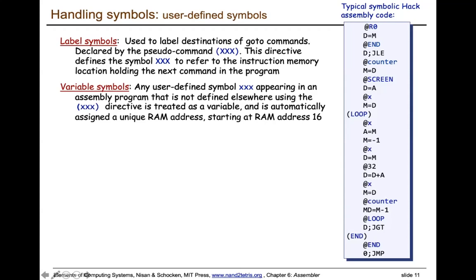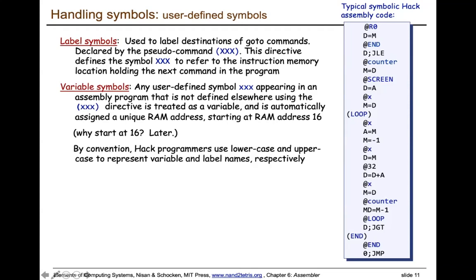This may refer to certain things in memory. For our variable symbols, memory usually starts from 16. Why 16? Later I will discuss: we have already reserved the previous 0 to 15 for special use.